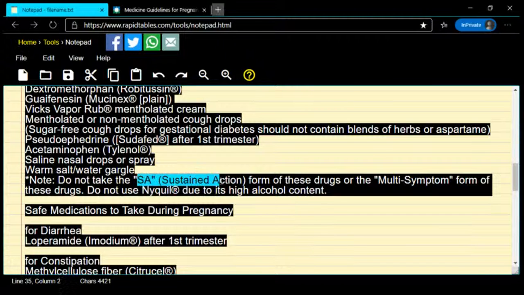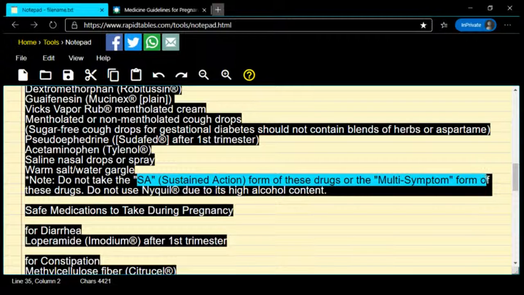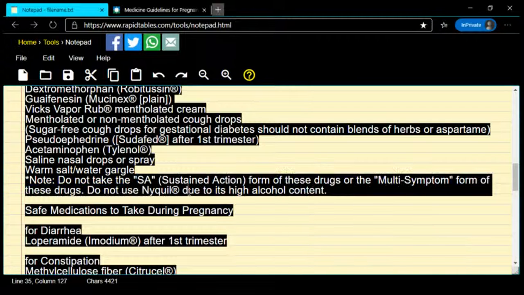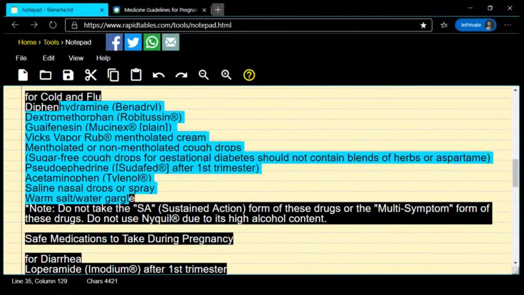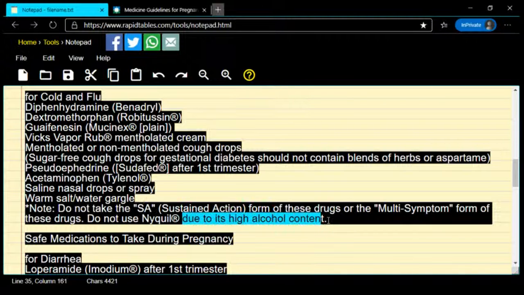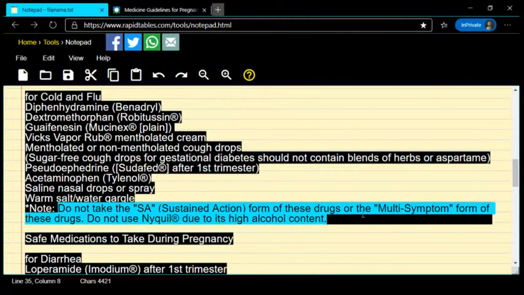Do not take the sustained action form of these drugs. The multi-symptom forms of these drugs, of course, I will not take. Do not use NyQuil due to its high alcohol content.